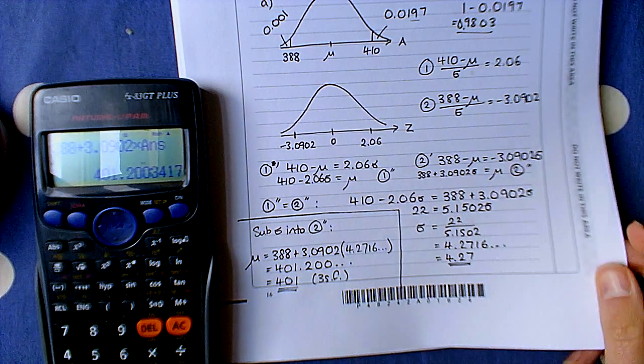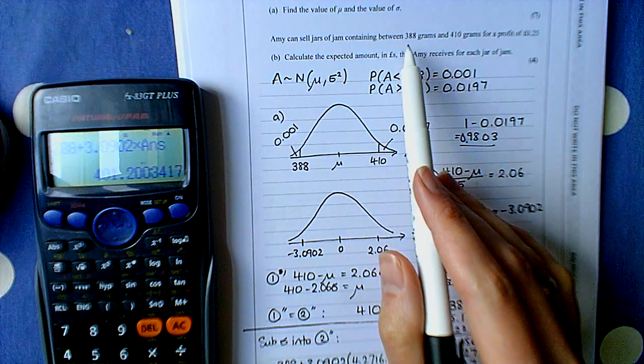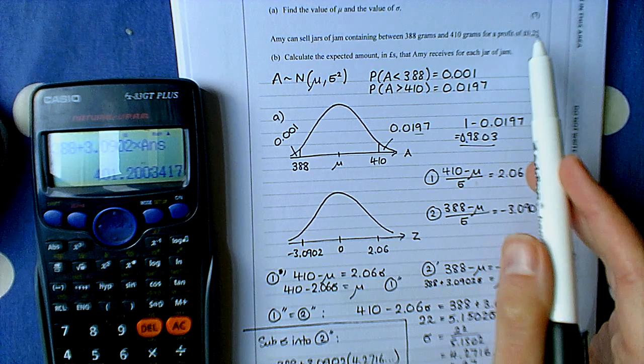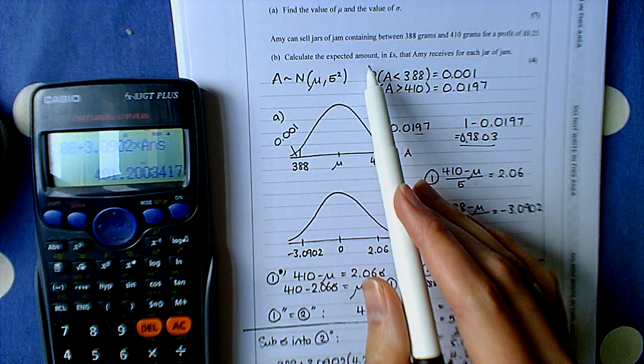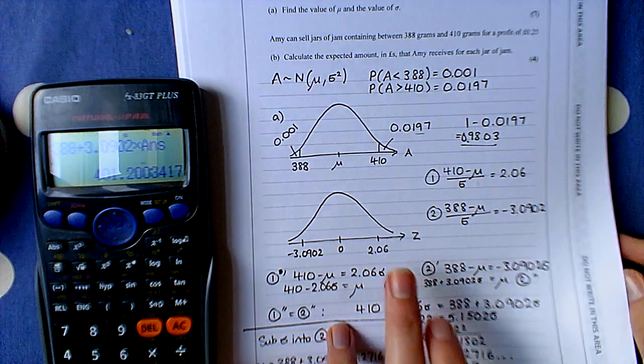So now part B. It says here, Amy can sell jars of jam containing between 388 grams and 410 grams for a profit of 25 pence per jar. Calculate the expected amount in pounds that Amy receives for each jar of jam.